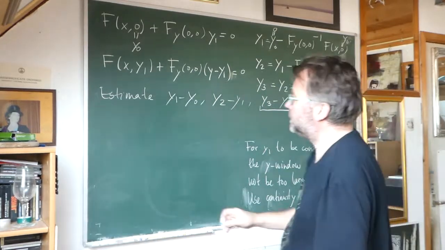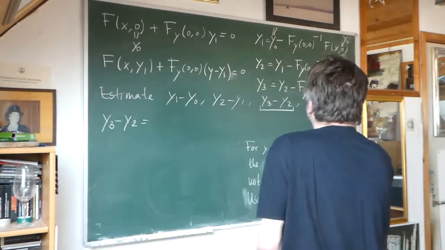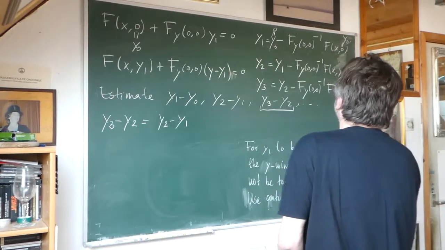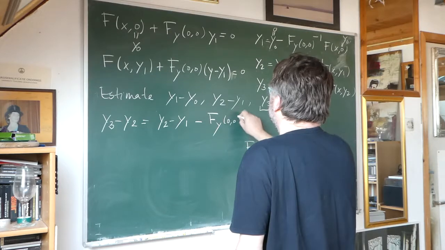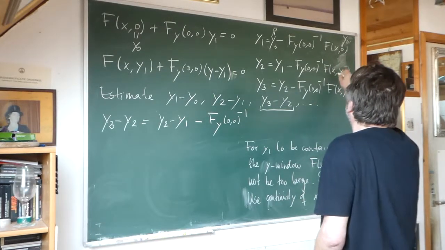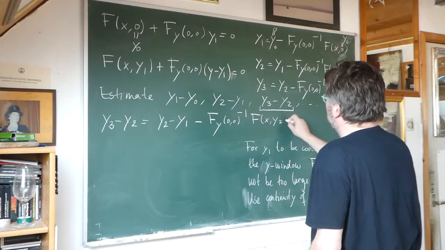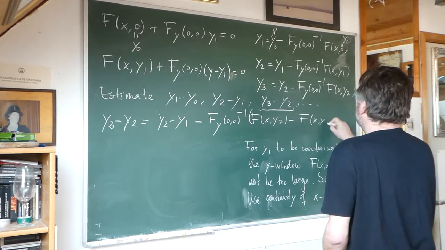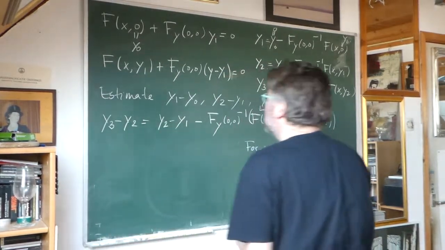So y3 minus y2 is equal to y2 minus y1, and then I have minus f_y(x, y0) inverse acting on f of x and y2 minus f of x and y1. That's my increment.